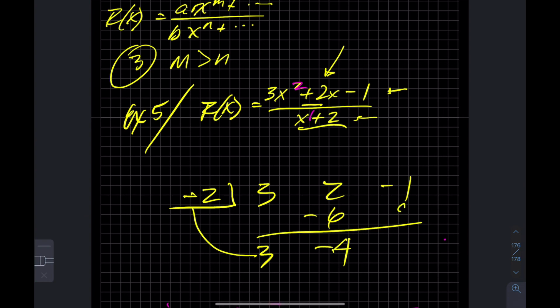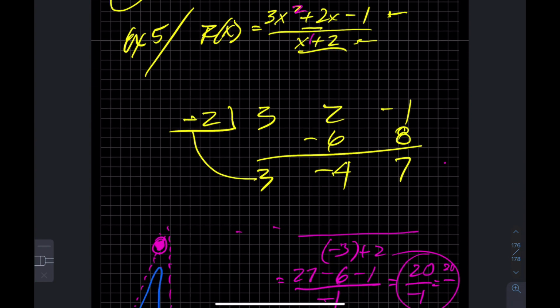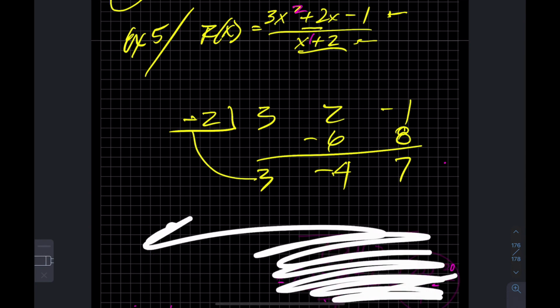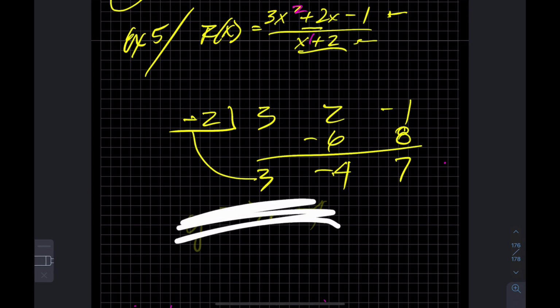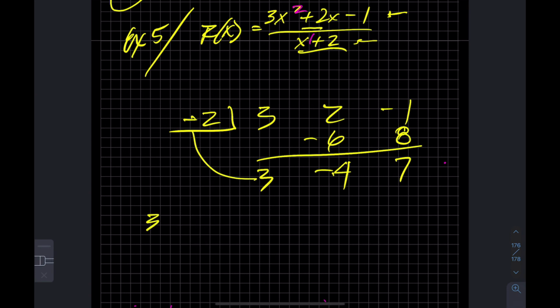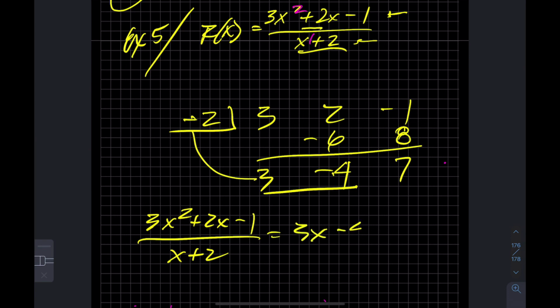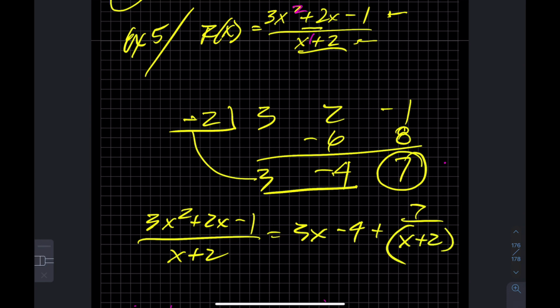Negative 2 times negative 4 is 8. So that's 7. And so I get, and I believe I already wrote this out previously, this is the result of division. The quotient is 3x minus 4. So my equation is y equals 3x minus 4. Or if I want to look at it in the form of the division algorithm, that would be 3x squared plus 2x minus 1 over x plus 2 is equal to the quotient plus the remainder divided by the divisor. There is our asymptote. It's the result of division.